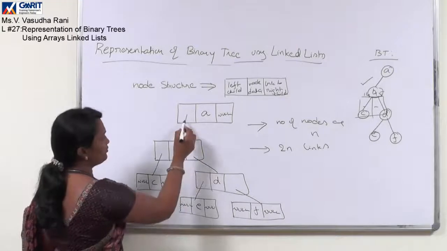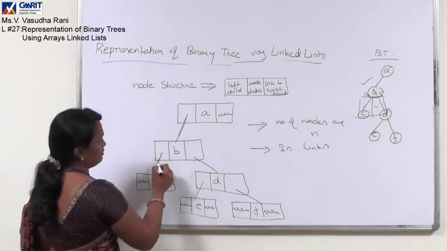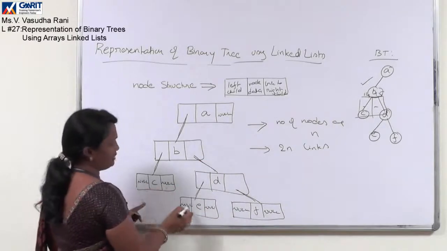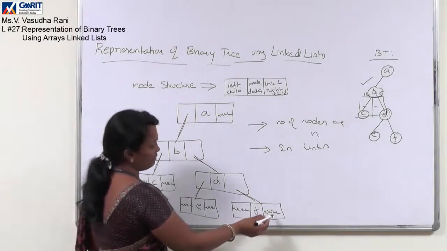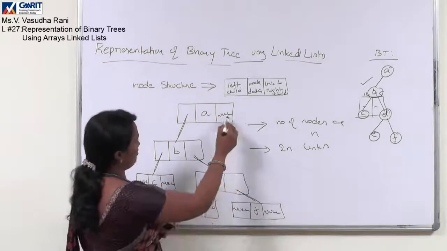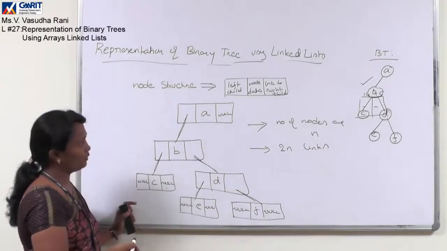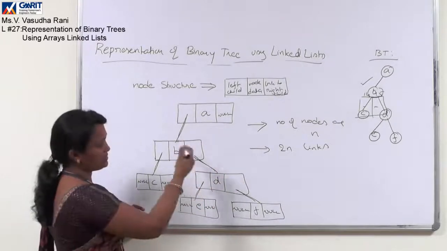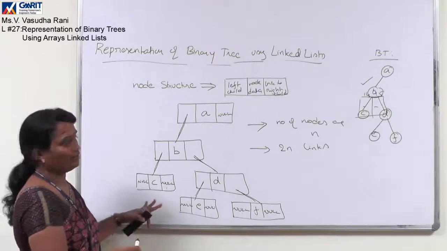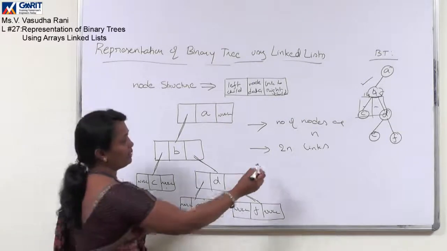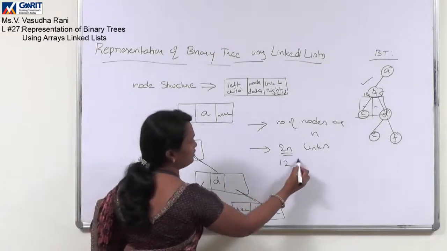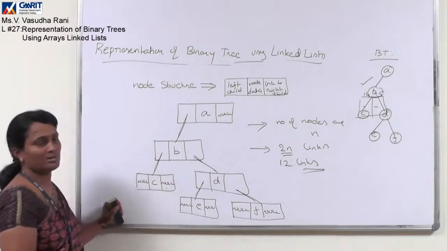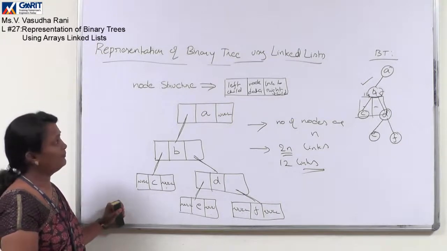And coming to the links, if you observe, this is 1, 2, 3, 4, and this is 5, 6, 7, 8, 9, 10, 11, and this one is 12. Totally it comes to 2n links. Every node is having 2 links. As there are 6 nodes in the linked list representation, we will be getting 2n links. Here we are getting 12 links defined with this particular linked list representation of a binary tree.